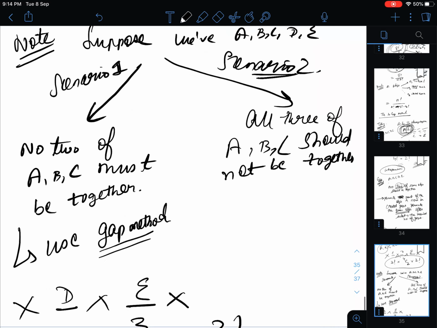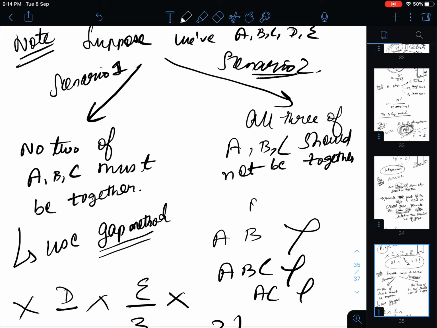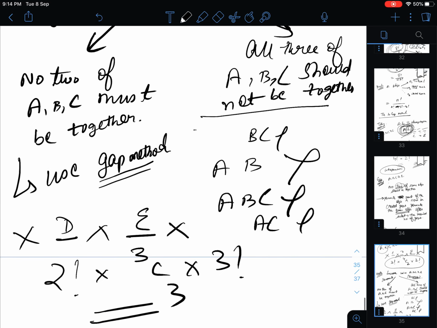Now note the difference between the first scenario and the second scenario. The first scenario says that no two of A, B, C must be together, that is, A cannot be adjacent to B. This is not allowed, this is not allowed, and so on. But all three of A, B, C should not be together is something different.